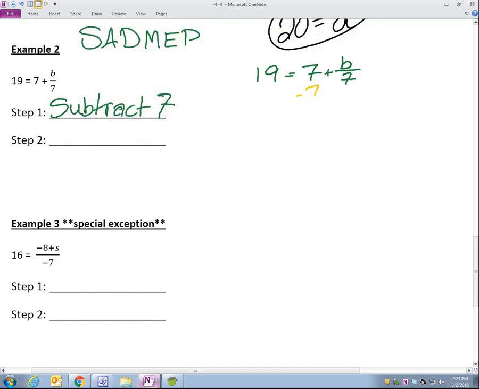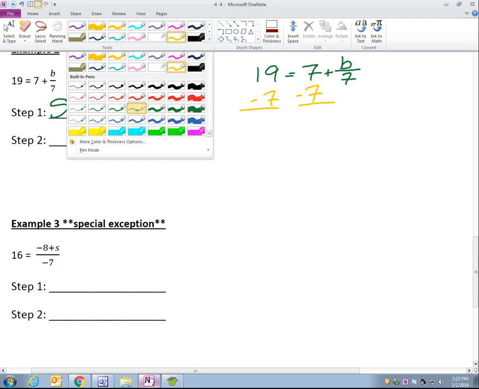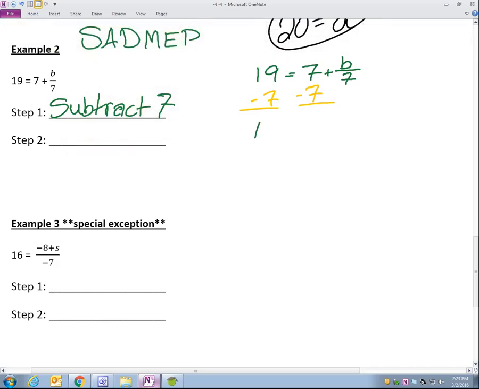So I subtract 7 from both sides, subtract 7 from both sides. Now I have 12 equals b over 7.